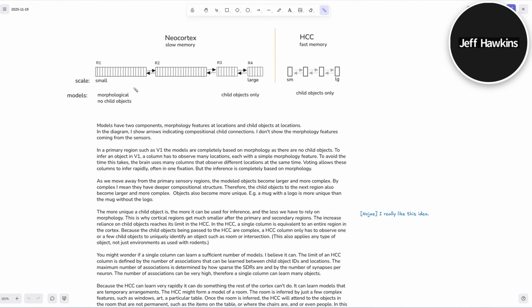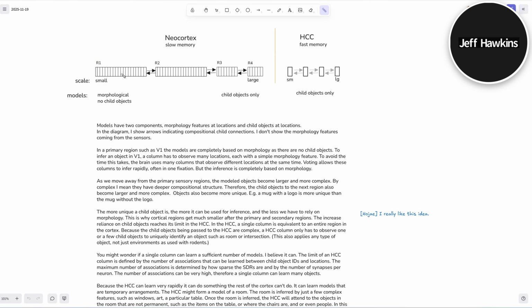The real point of all this is that down here in the beginning, since there are no sophisticated child objects, the only way you can infer an object quickly is to have lots of columns looking at all the different locations and voting. If you didn't have that, a single column would be able to do it, but it would take a long time.